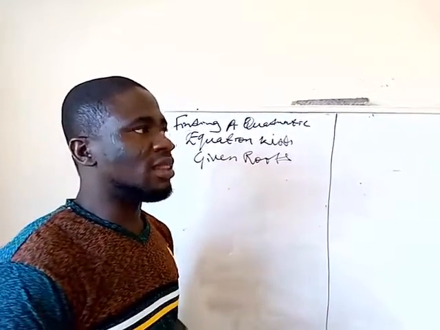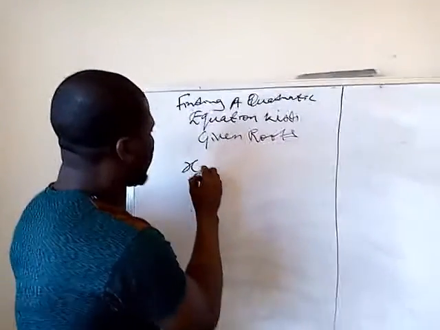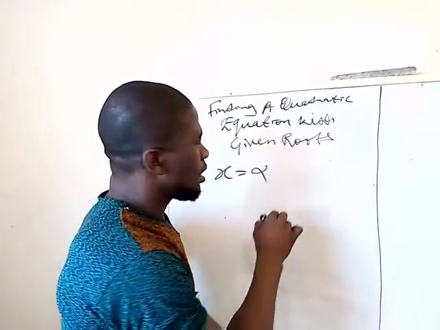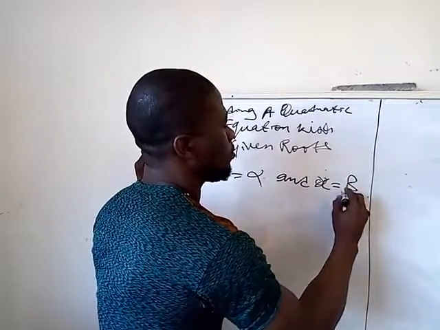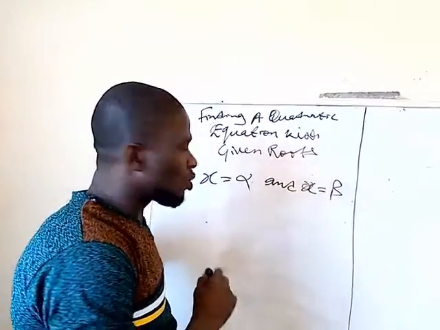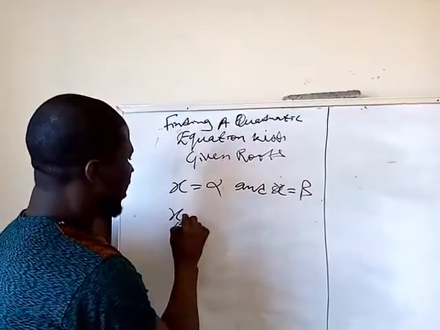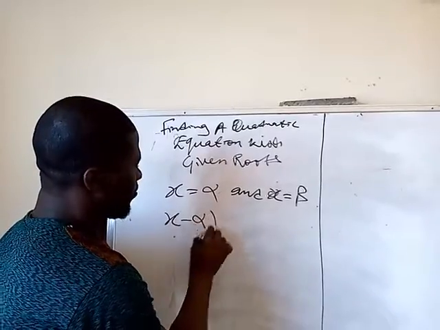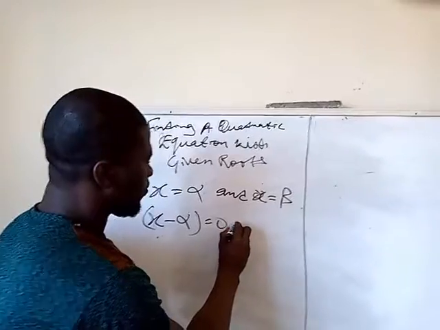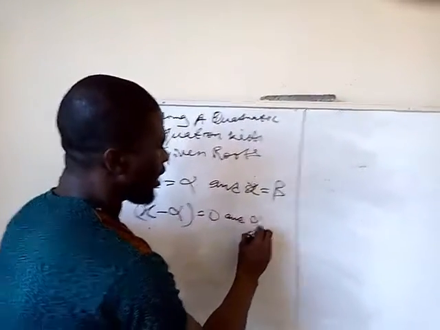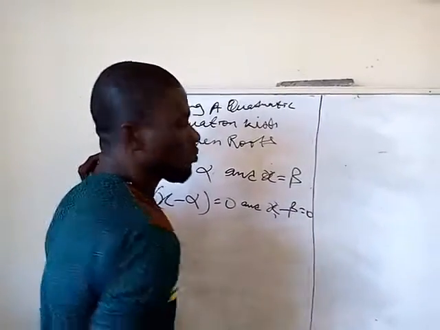So when you are given the roots, let's say the roots you were given are x equal to alpha and x equal to beta. The first thing you will do is say x minus alpha equal to 0, and x minus beta equal to 0.